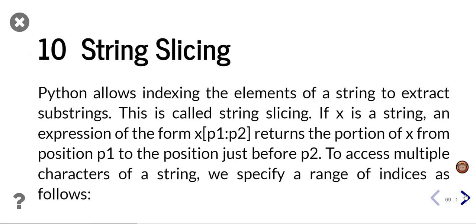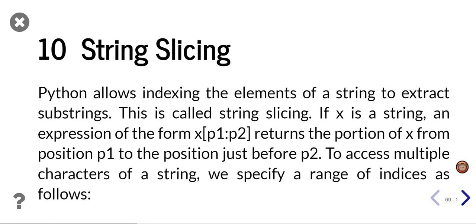Let us actually look at string slicing. Usually in a string we may not be interested in just extracting one element, but the exercise that we did before gives you a good understanding of how to access any string element. So the next one that we want to look at is how do we actually do string slicing.